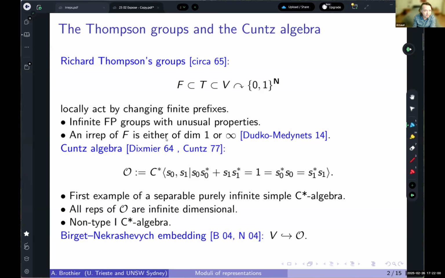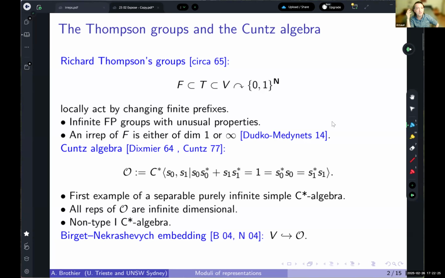Since I'm going to talk about, well, I should say one thing. Since the beginning, it was quickly observed that F does not contain a copy of the non-abelian free group.